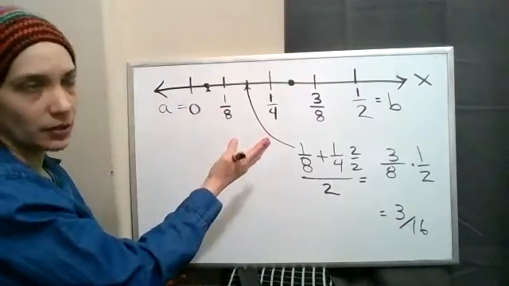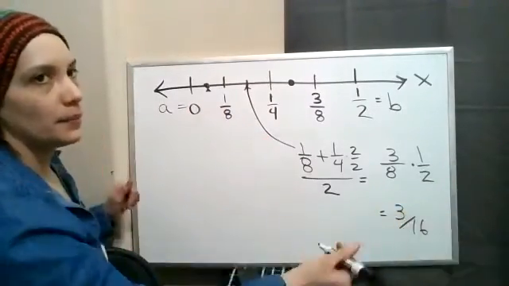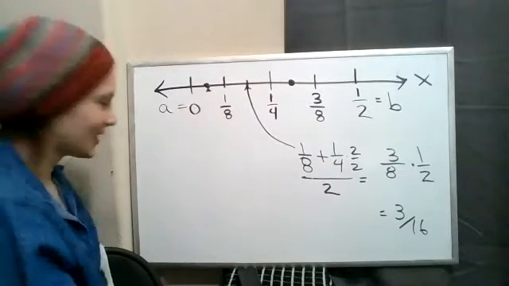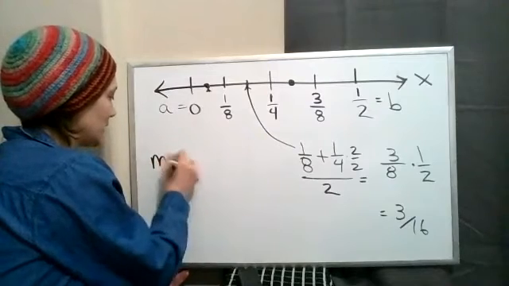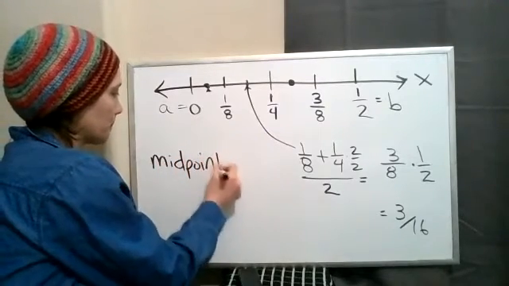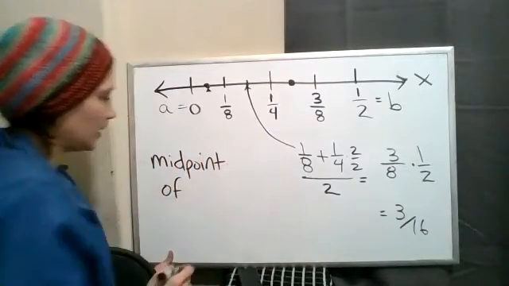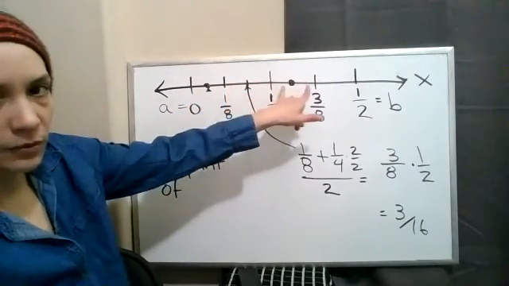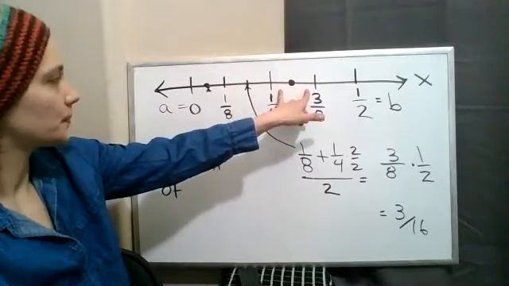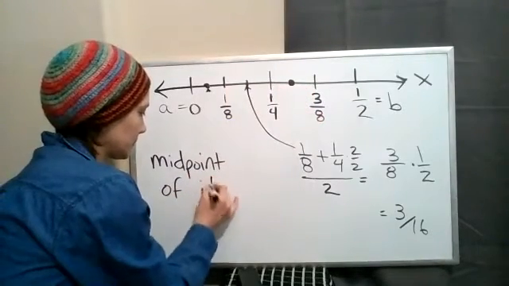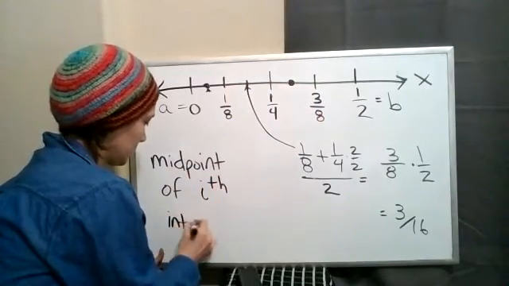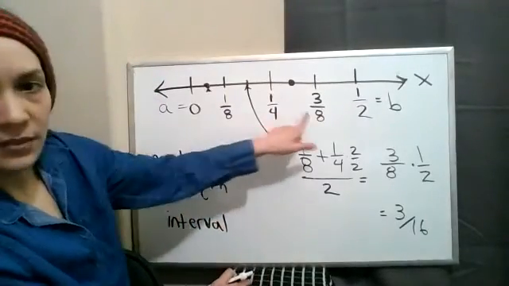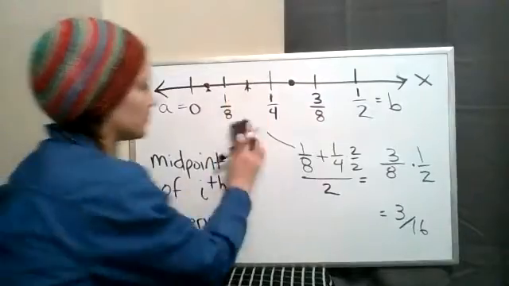If you can't draw a sketch, if there's an unrealistic number of midpoints that you can draw, you've got the midpoint of the ith interval, like say first interval, second interval, we'll call it the ith interval. So it's the average of the 2 endpoints.